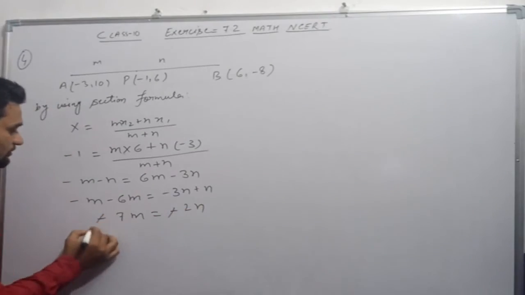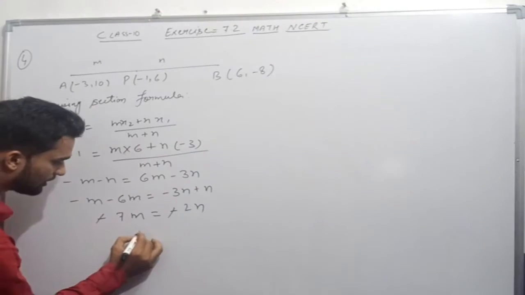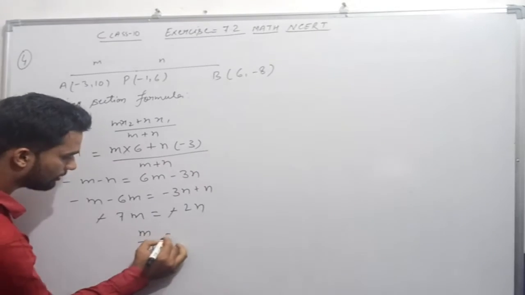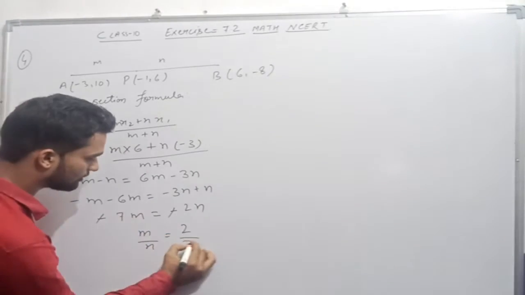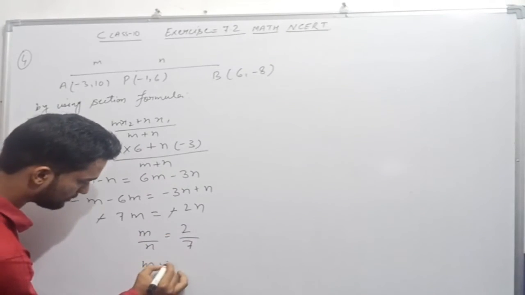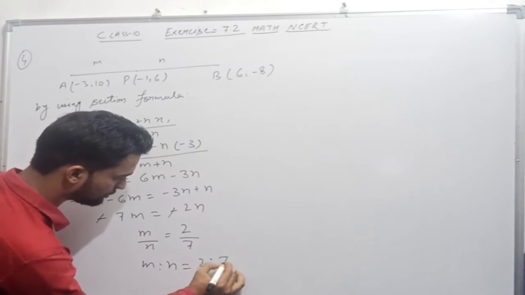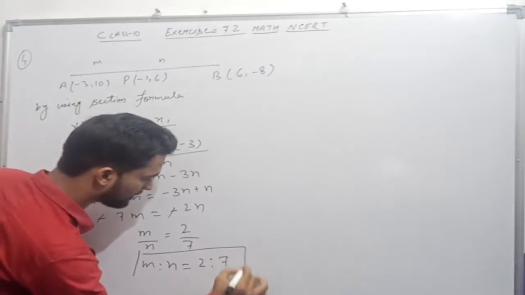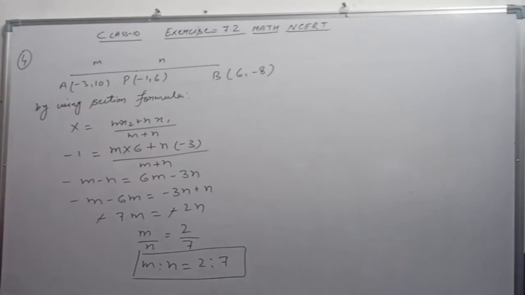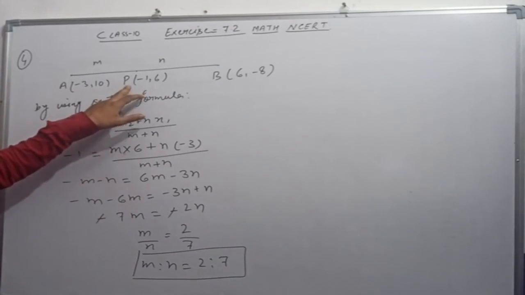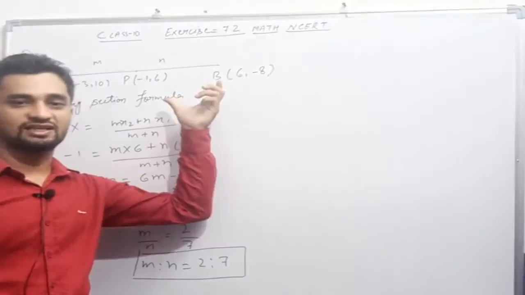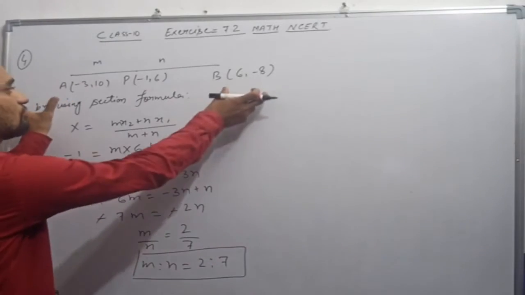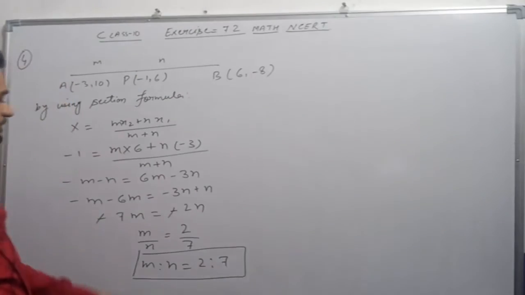The minus signs cancel, n comes here, and this 2 and this 7 go to this side. So m ratio n is equal to 2 ratio 7. So the required ratio is 2:7.